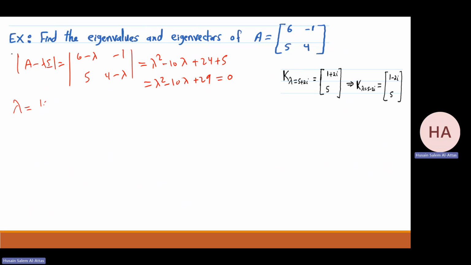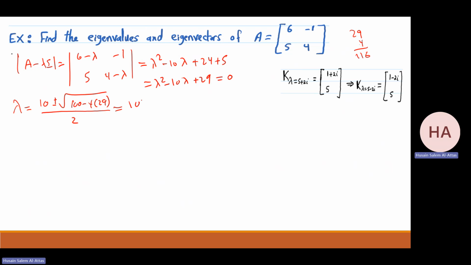That will be 10 plus or minus square root of 100 minus 4 times 29, over 2. So what's 29 times 4? 116.